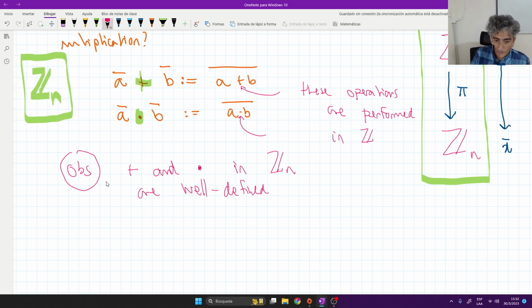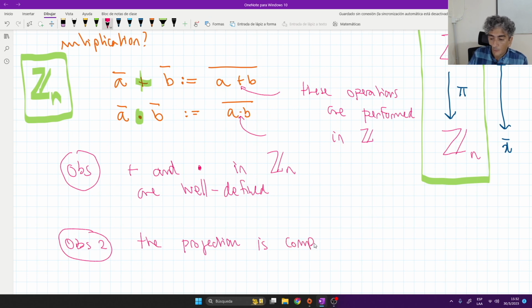And also, observation 2: the projection is compatible with the ring operations.